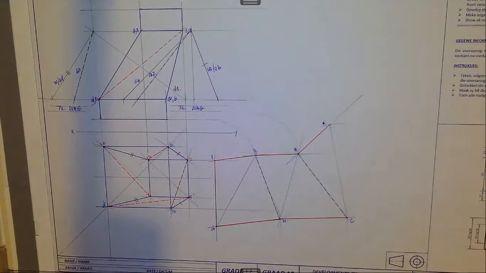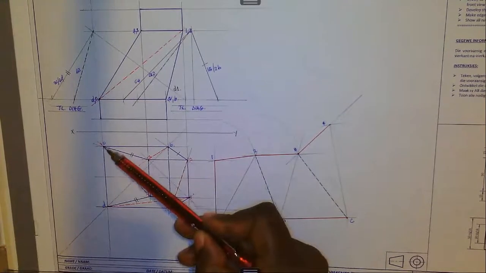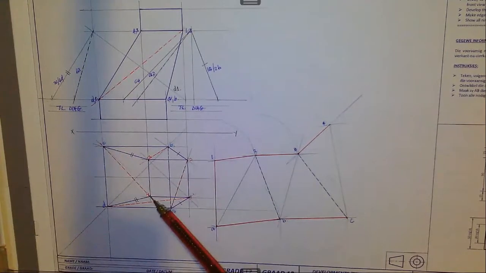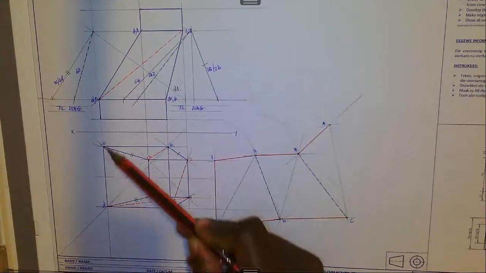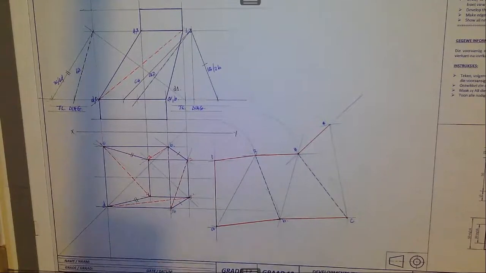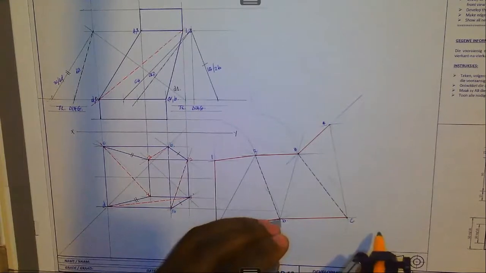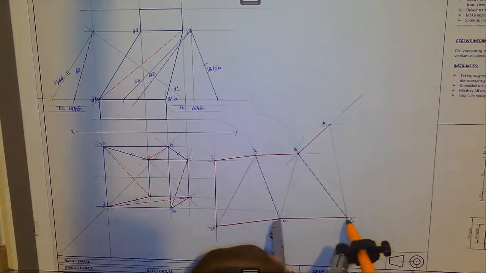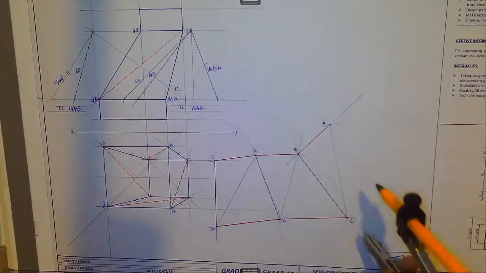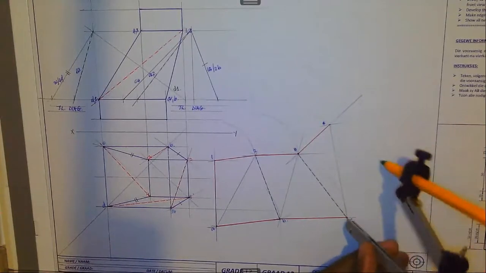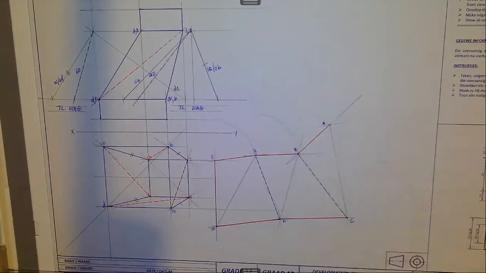Then from there, I need point D. Okay, so from C to D as well as D to number 4. CD as well as D4 or 4D. Remember, you always start with the established points. CD is a true size, so I'm just going to take from here. Right. Then stand, describe an arc like that.